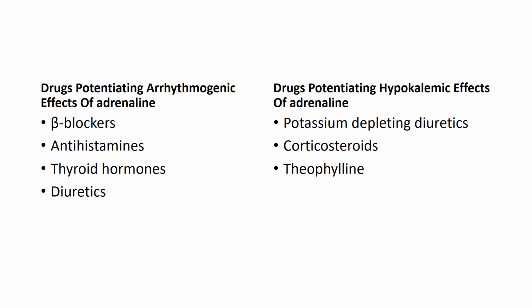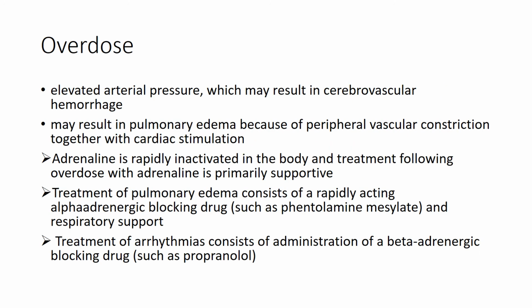The use of beta blockers, antihistamine, thyroid hormones, and diuretic agents can potentiate the arrhythmogenic effect of adrenaline. And the use of potassium depleting diuretic agents, corticosteroids, and theophylline can potentiate the hypokalemic effect of adrenaline.